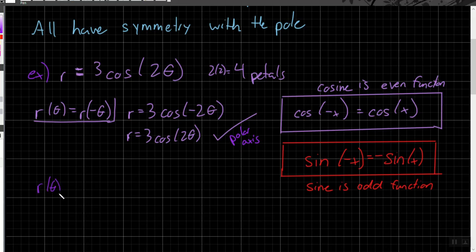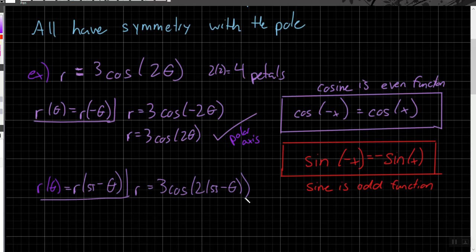r of theta equals r of pi minus theta. So I'm replacing theta with pi minus theta. So if r equals 3 cosine of 2 times pi minus theta, what should I do with that 2 inside here?